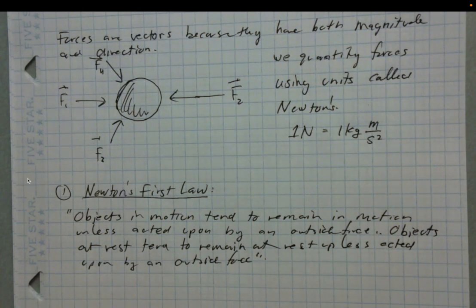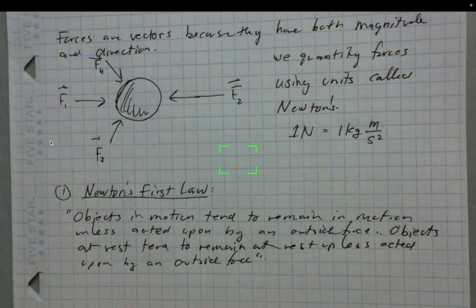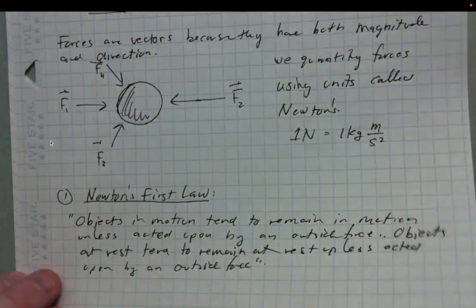We'll get to something more precise later on. The key with Newton's first law is just to recognize that objects want to stay put unless something comes along and pushes them, and they don't want to be halted, and it requires some kind of outside effort to halt them. So that's Newton's first law. And again, we'll come back to this with more rigor later on.